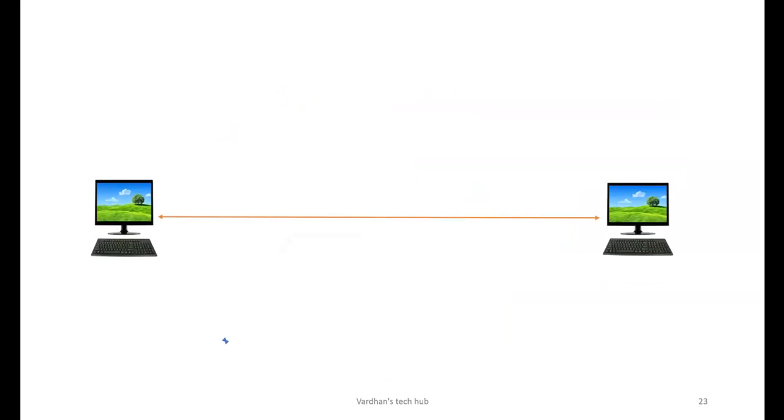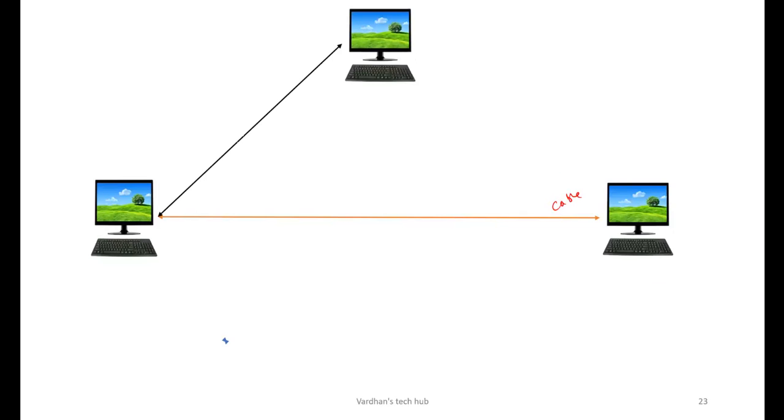Suppose we have two computers connected with each other with a cable. Consider that what is shown now is a cable. What if we have one more computer? We connect them with each other, right? They want to communicate with each other. The aim of this network is that they want to communicate with each other. So they are connected with the cable.